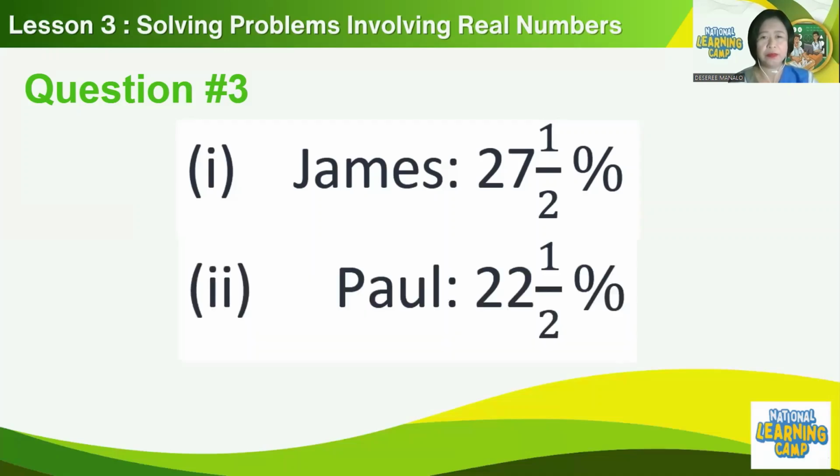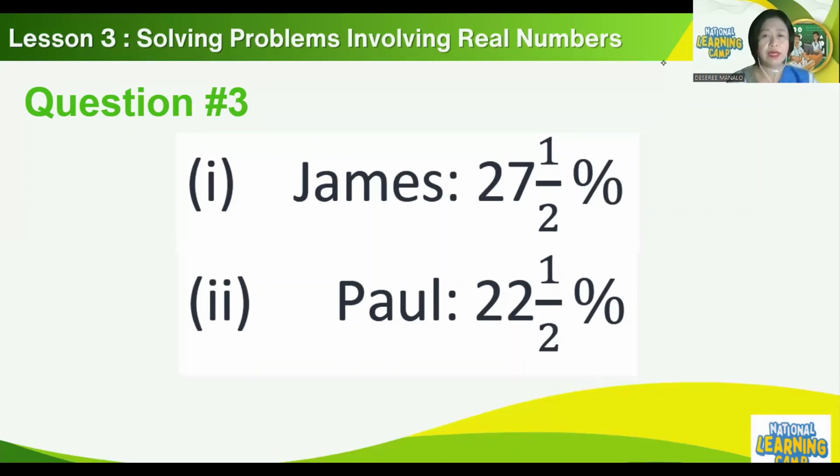Question number 3. Change 27.5% to Paul 22.5%. How did we get 27.5%? So James needs to sell 11/40 of share to retain 25% or 1/4 share. So 21/40 minus 11/40 is equal to 10/40 for 1/4.